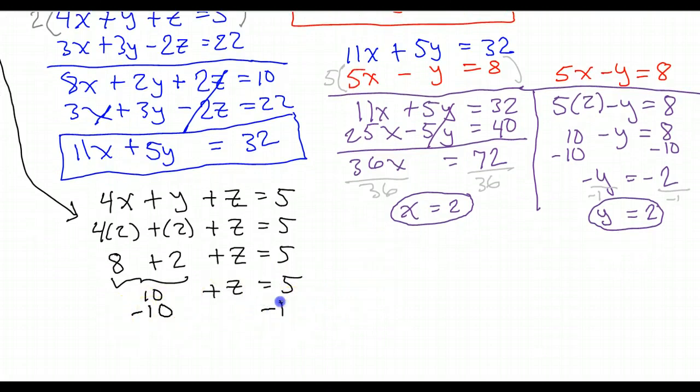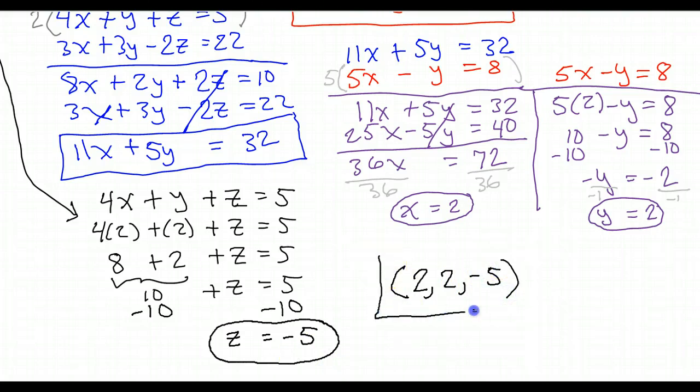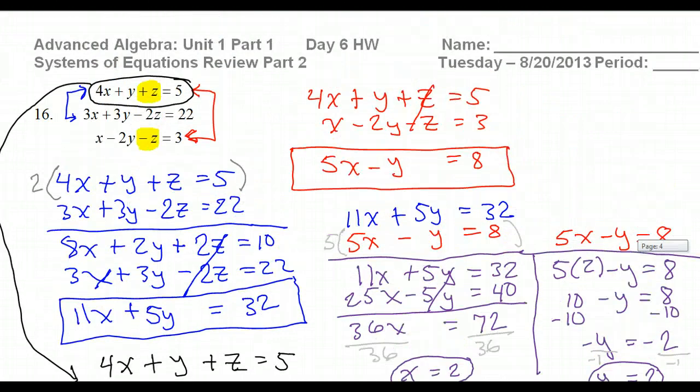Subtracting 10 from both sides, that's going to give me z equals negative 5. And that is the third and final value. So as an ordered triple, the solution is (2, 2, -5), x, y, and z. Alrighty then, that is the answer to number 16.